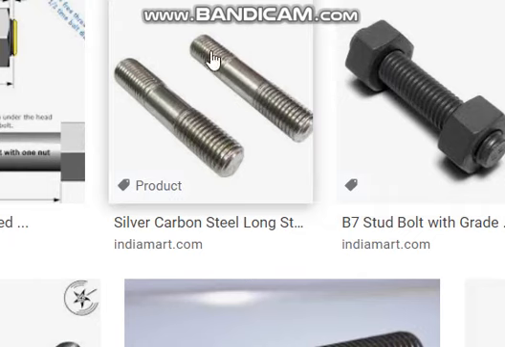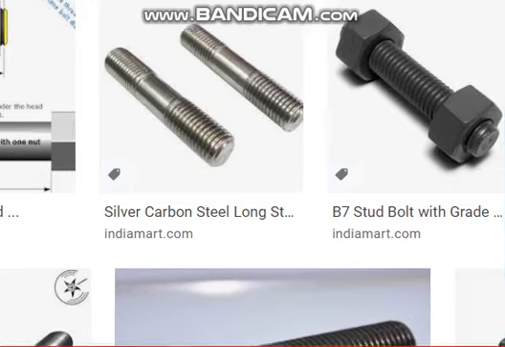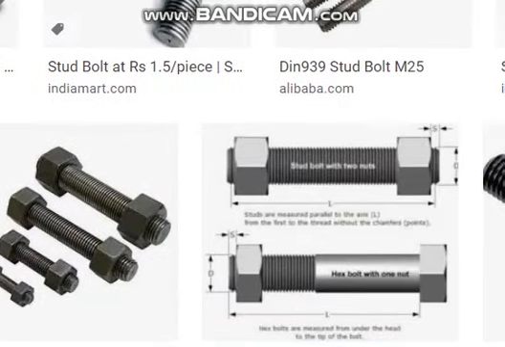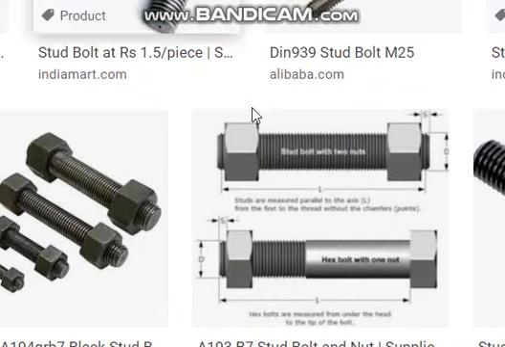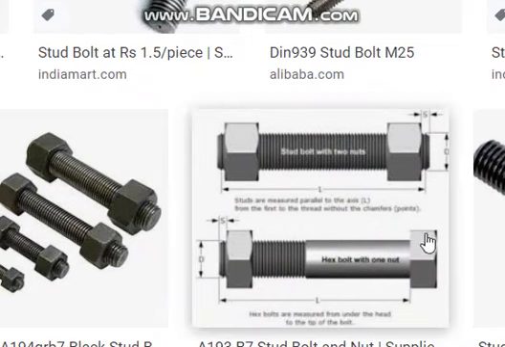Stud means threads are there on both sides. Then it is a stud. Then what is here? I'll show you clearly. You see, this has a head, and this is the shank. This is the threaded portion, and this is the nut. This is a nut and bolt, whereas here this is a stud.